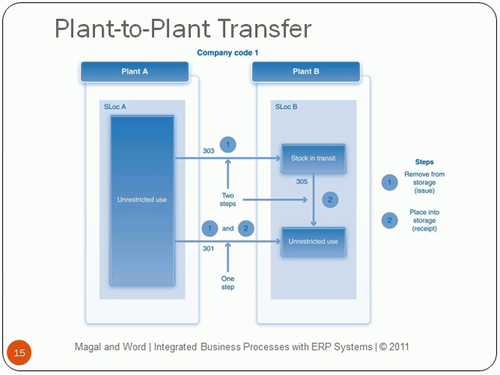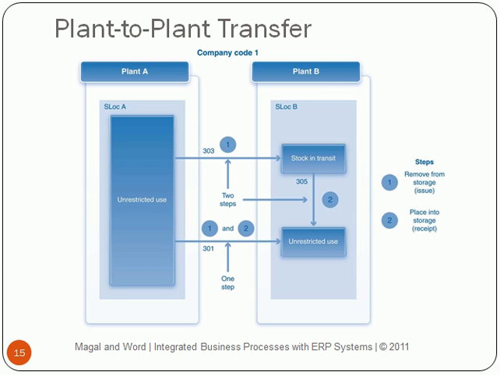So as you can see, when moving from plant A to plant B, we can only move unrestricted use material, because, as we said, it doesn't make sense to move blocked material or to move goods that are under inspection still. Moving from plant to plant will always involve creating a financial document. Why?